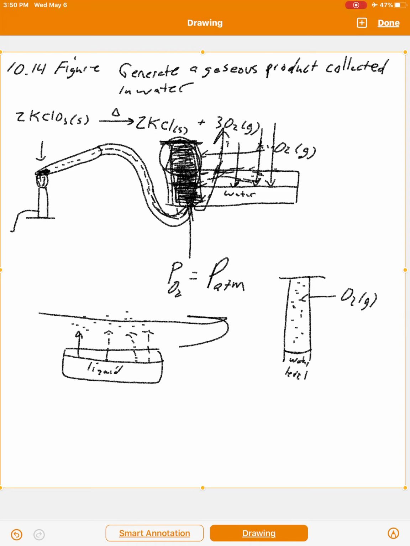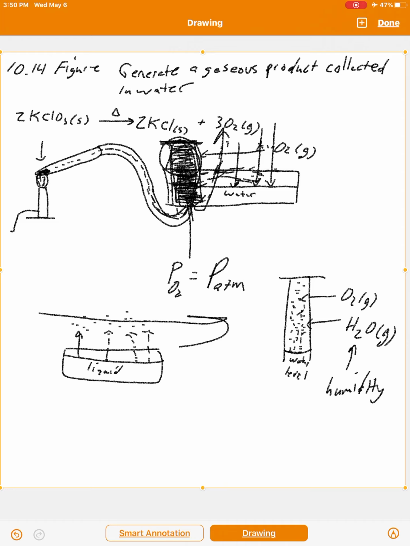The water will vaporize too, some of it, a very small amount usually. So you'll actually have a mixture of gases in there. You'll have oxygen gas, but you'll have water as a gas as well. Colloquially we call that humidity. We know that water can exist as a gas in the air, and we call that humid. The more humid it is, the more water there is in the gaseous state. It's not very much, but it's not insignificant in these calculations.